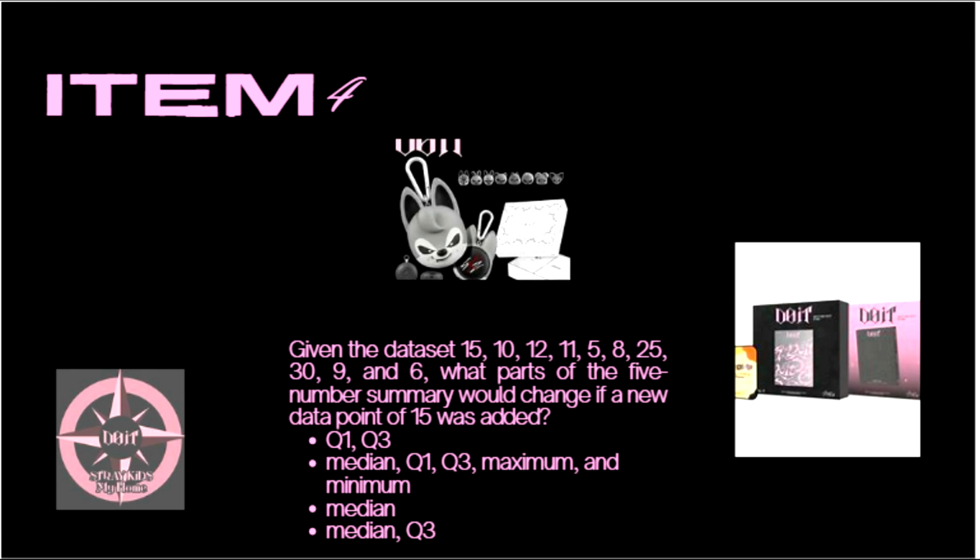Here's item number 4. Given the data set 15, 10, 12, 11, 5, 8, 25, 30, 9, and 6, what parts of the 5-number summary would change if a new data point of 15 was added? The first thing we need to do is put this in order because it's very obviously not.